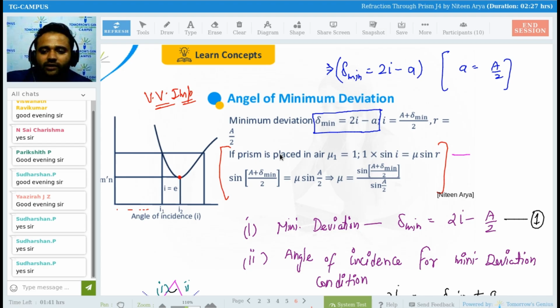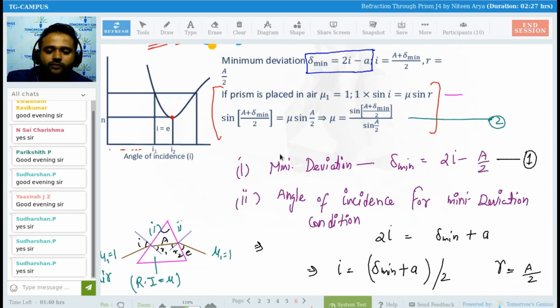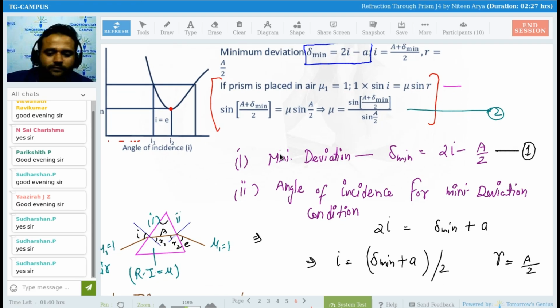So this particular formula, formula number 1 here, I already wrote down, and the minimum deviation mu, formula number 2. No one remembers that, or most of the students don't. Clear, everyone? Till now, if you have any doubt, question, or query, you can ask me.